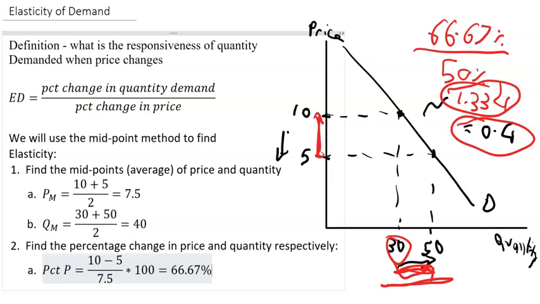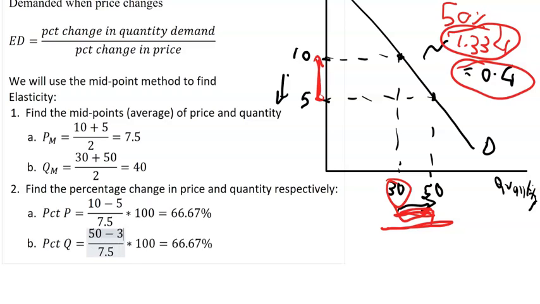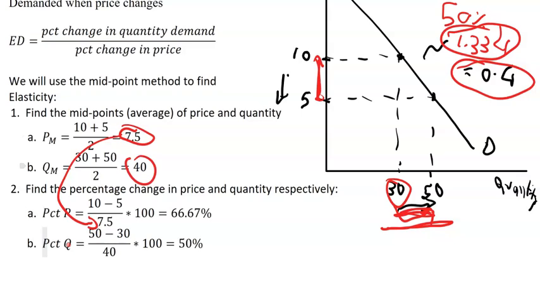Then the percentage change in quantity would be 50 minus 30 divided by the midpoint, 40, times 100, which comes out to be 50%. As you can see, I'm using the midpoint instead of the initial value when finding the percentage changes.